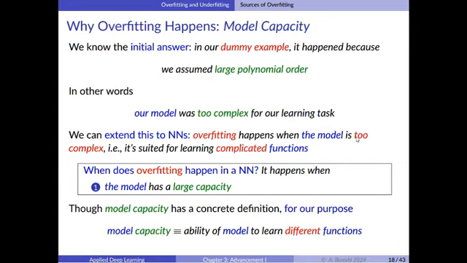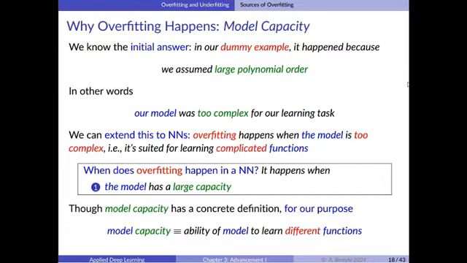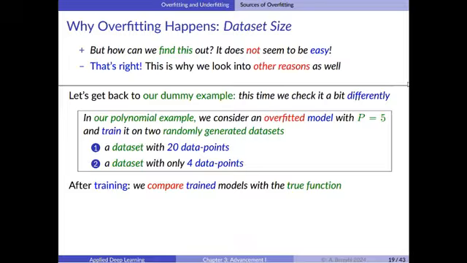And you understood the model capacity definition is the ability of a model to learn different functions.